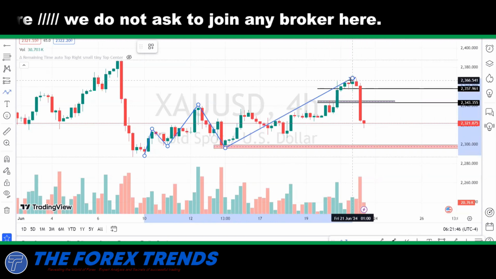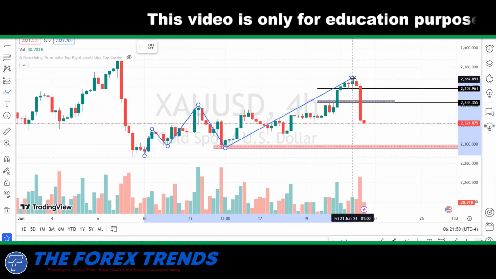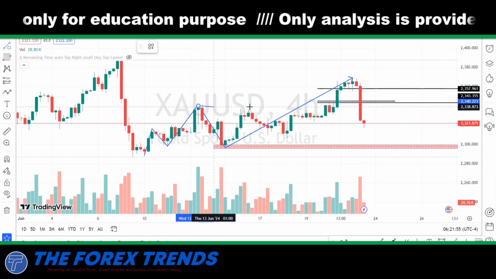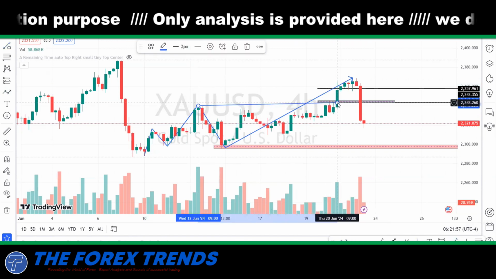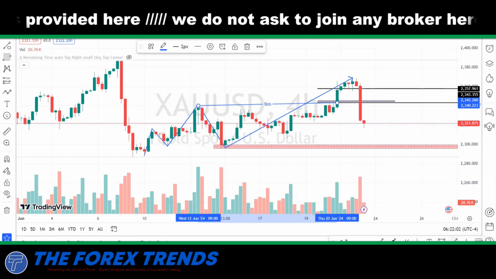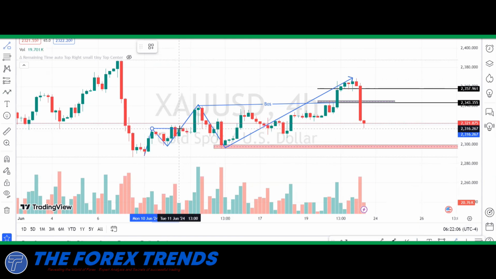One day I will explain to you guys how to mark the structure and how to confirm the break of structure. As you can see, this is a break of structure. How it becomes a break of structure, I will explain once, as it is a break of structure.